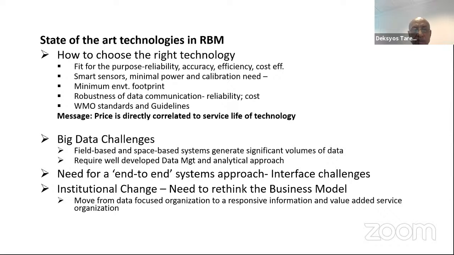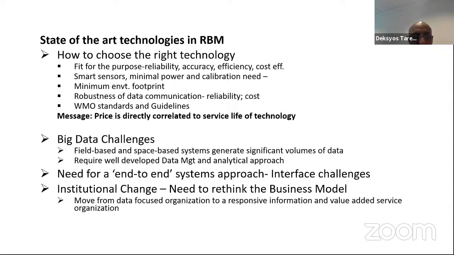For that, we really have to prepare and develop a very good data management system and apply very good analytical tools to store, analyze, and generate information from these huge volumes of data. So one has to prepare for such challenges. And of course, interface challenges also need some approach and are very important.